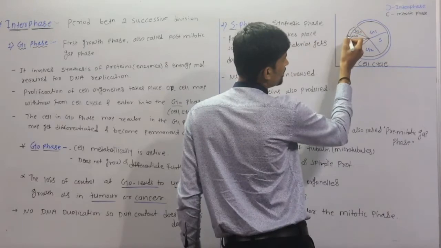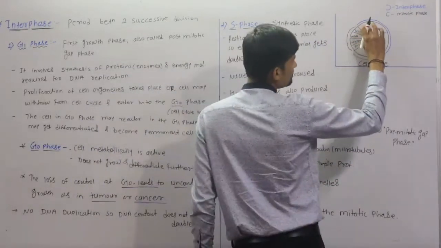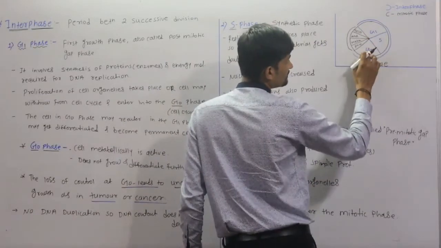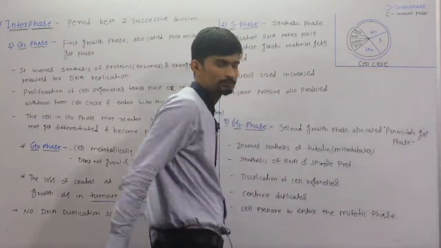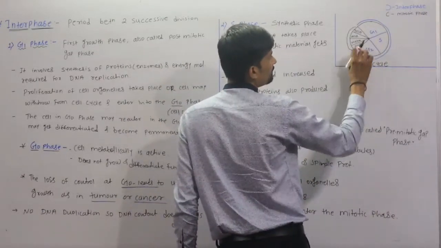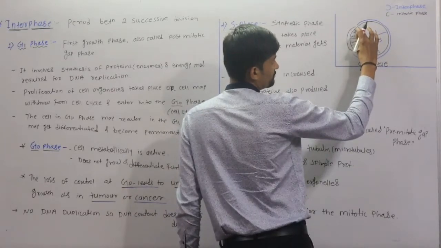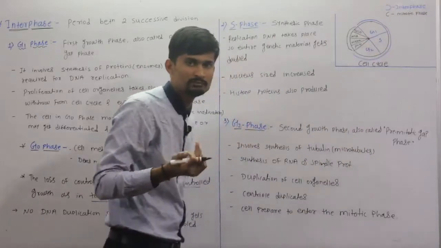This portion represents the mitotic phase and this larger portion represents the interphase, which has G1 phase, S phase and G2 phase. That is the complete cell cycle. So interphase is a period between 2 successive division phases, because interphase is not a division phase.